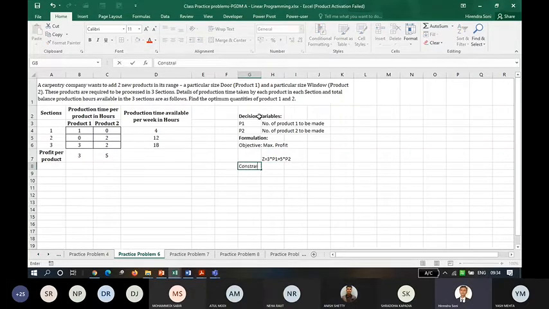My constraints would be first, that would be pertaining to section 1. Similarly, we will have for section 2 and section 3. So for section 1, what will come? Production time available. So that means P1 has to be less than or equal to 4.